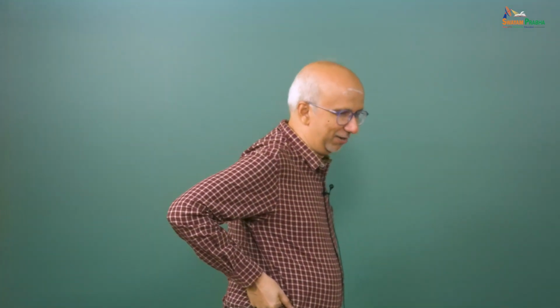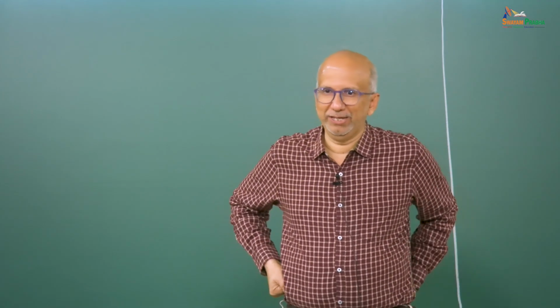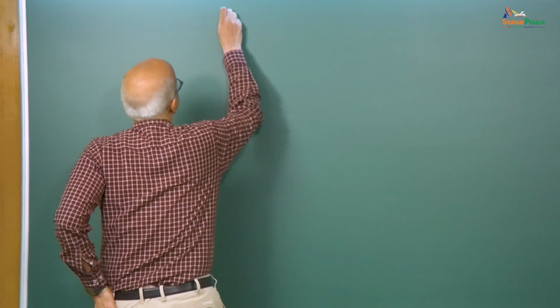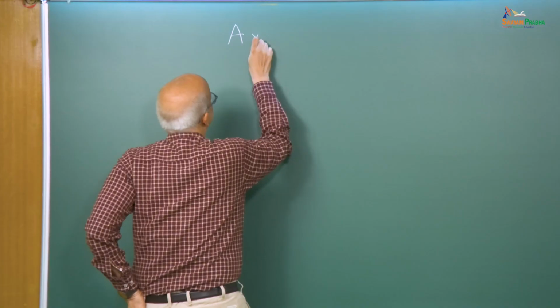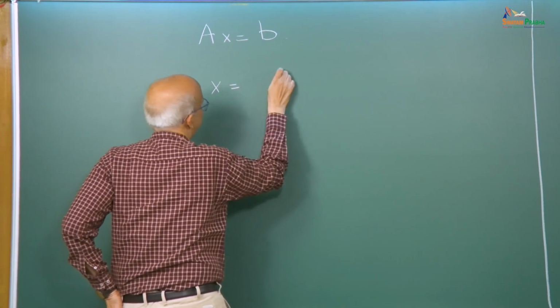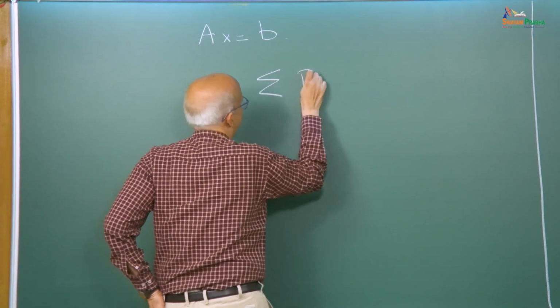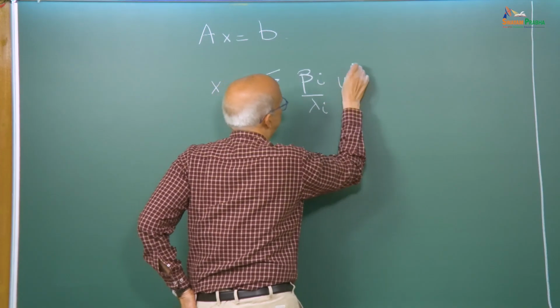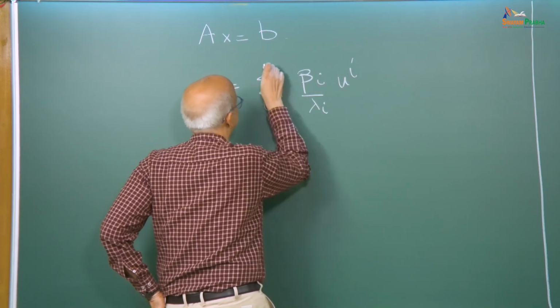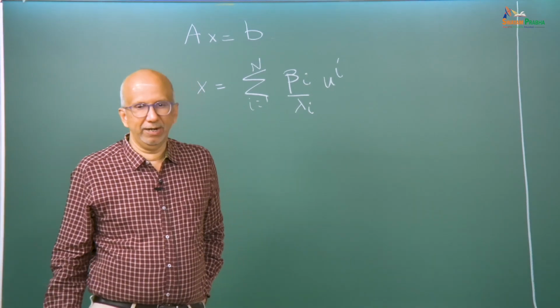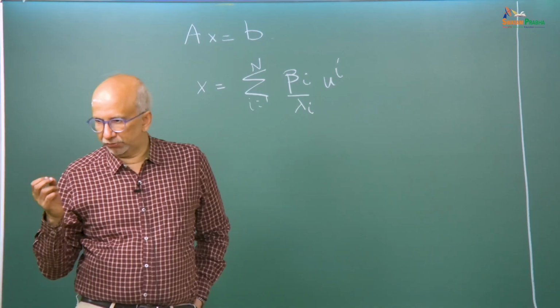So, we will continue looking at solving Ax equals b today, and if you look at this problem, we said the solution is going to be of the form sum of beta_i divided by lambda_i times u^(i), i from 1 to n, where the beta_i's are the coefficients of b.